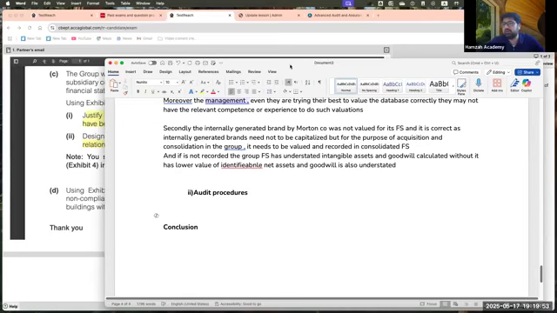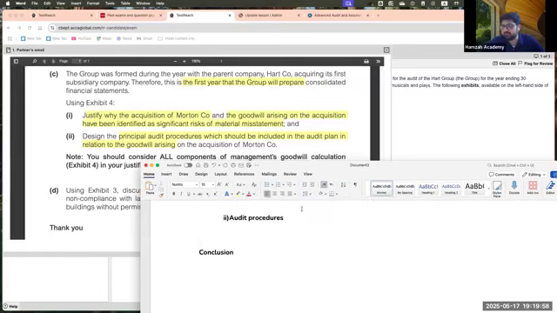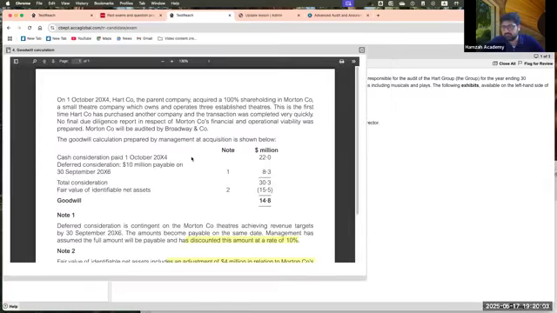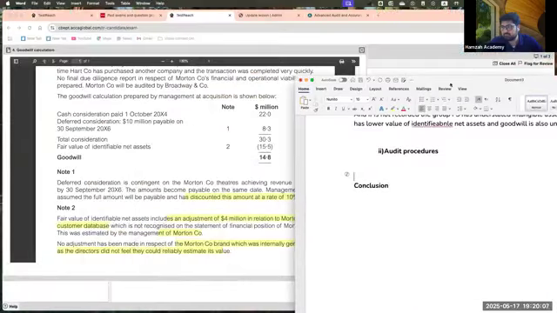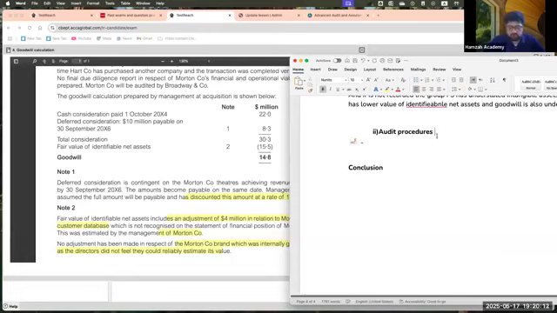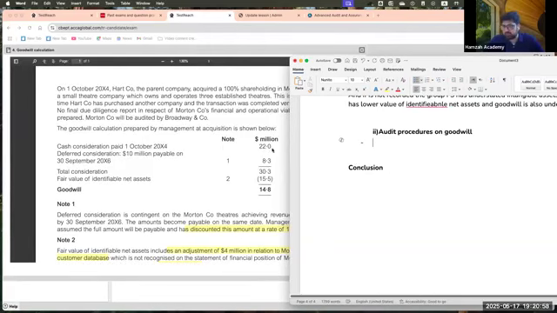Audit procedures on acquisition, on goodwill. Now, you see here, very easy to write audit procedures. Cash consideration paid on 1st October 20x4.